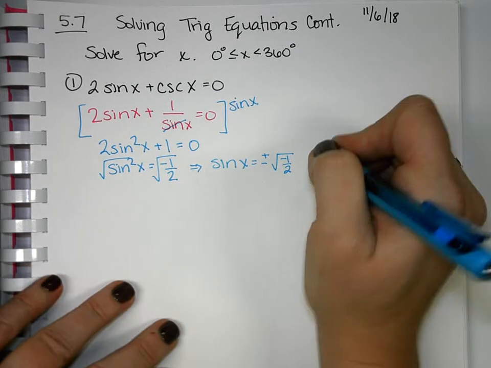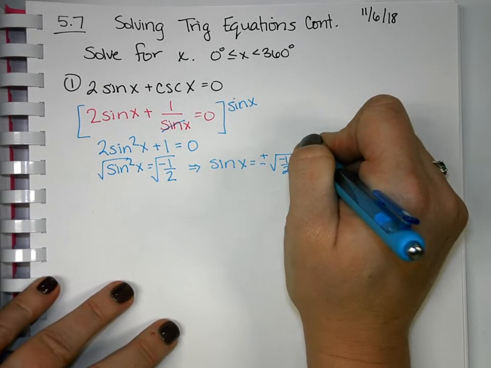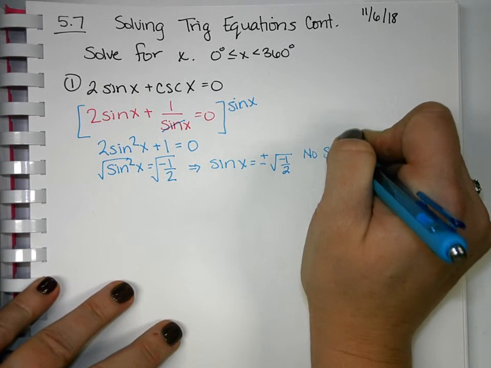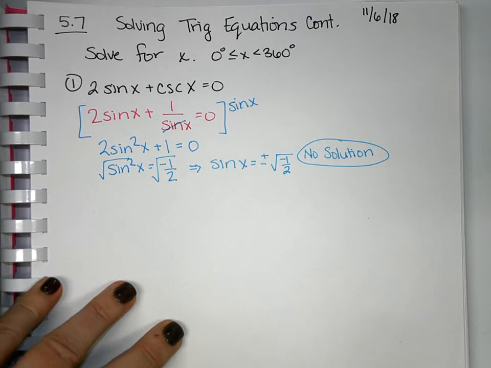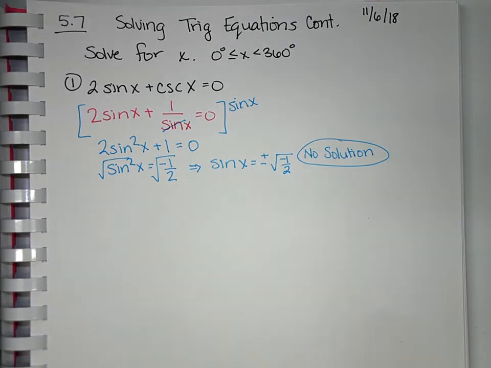No, it's actually an imaginary number. So this would give us no solution, meaning there is no angle that will make that equation true. So those same solving techniques that we had with algebra and solving for x still apply here, in terms of you can't square root a negative and get a real number out.